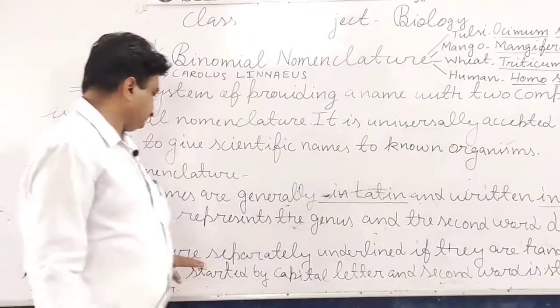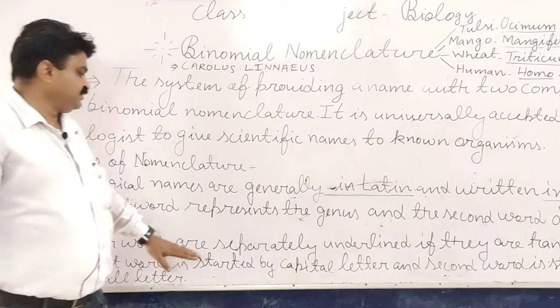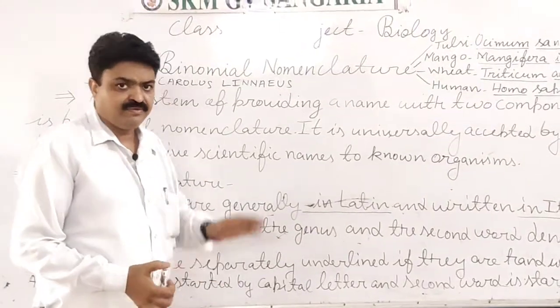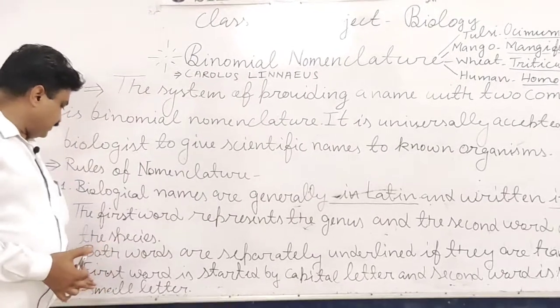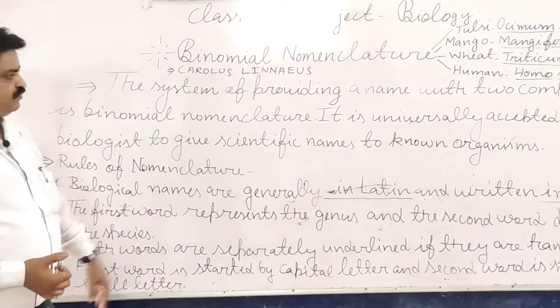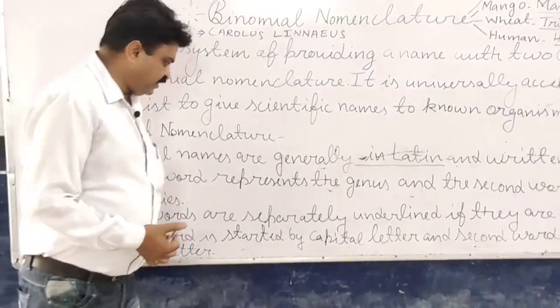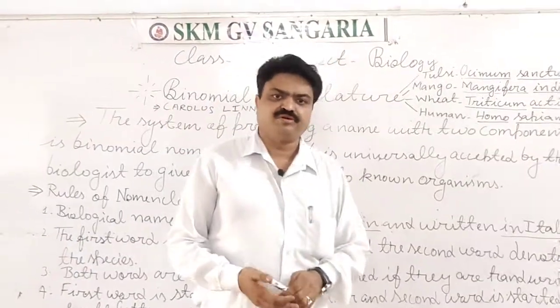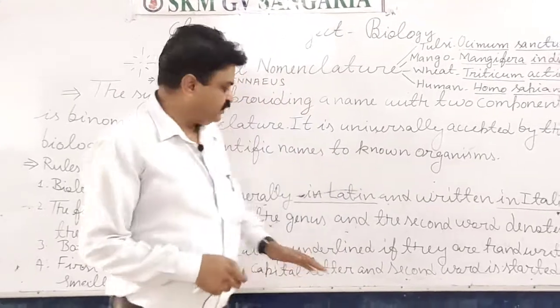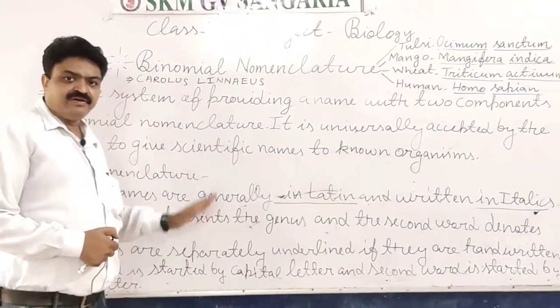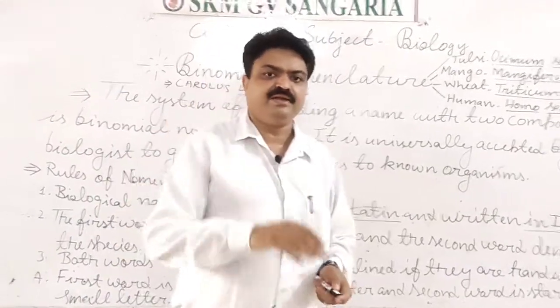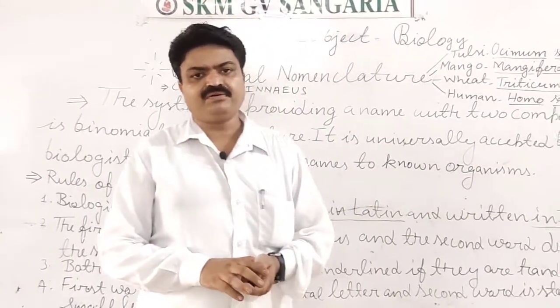Both words are underlined separately if handwritten. The first word starts with a capital letter and the second word starts with a small letter. So you will learn these rules, and you will try to learn the names of different plants and animals that are given in your syllabus.